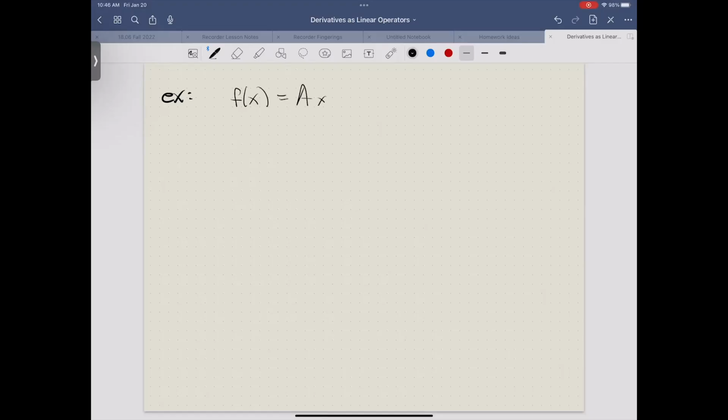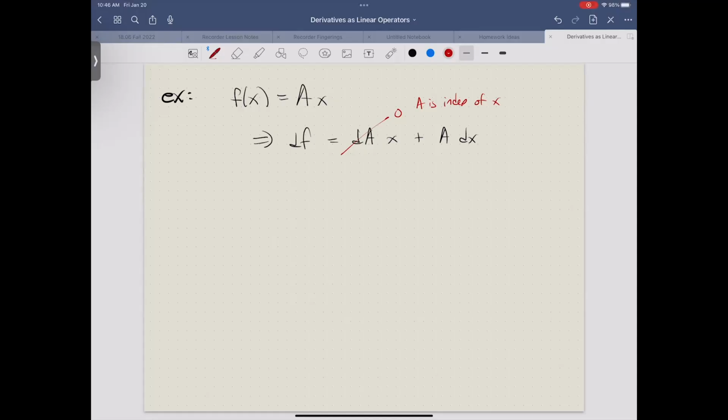Suppose we just had f of x equals Ax, right? Then df is equal to dA times x plus A times dx. But this is 0 since A is constant. A is independent of x. So remember, you always have to keep track of what are the inputs.